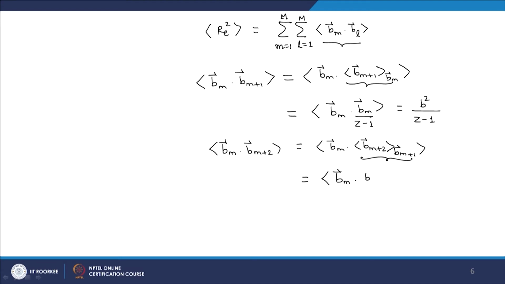So, this will be equal to Bm dot Bm plus 1 divided by Z minus 1. We already have seen what the Bm dot Bm plus 1 averaged is. So, this becomes something like B square by Z minus 1 whole square. Okay. So, now you see that we have some kind of correlation between the bond vectors or segment vectors.